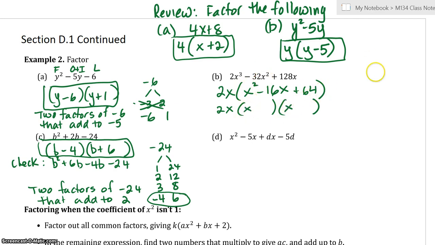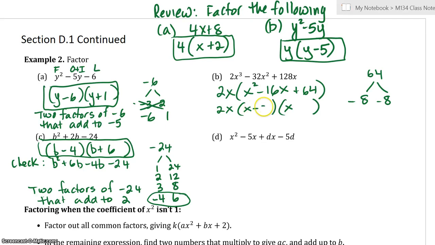And then we're going to look for factors of 64. But notice how factors of 64, if I take 64 and square root it, it's 8 times 8. And if I double it, this is actually going to be the 16, isn't it? So if I can visualize it, I don't have to go through the whole list. But you can.